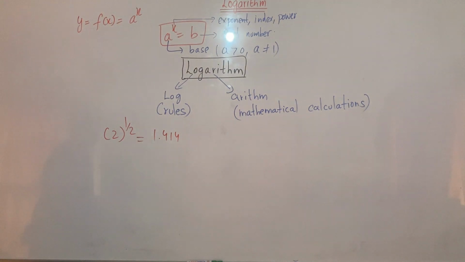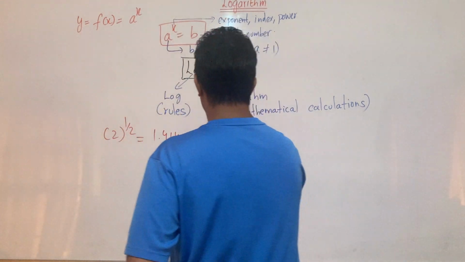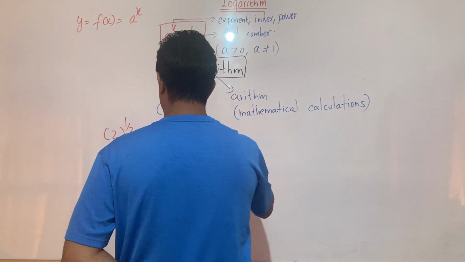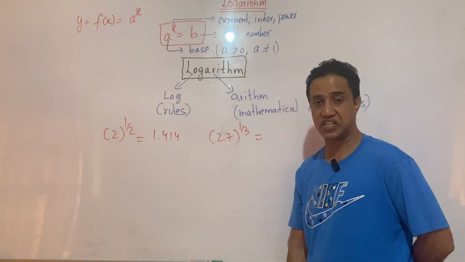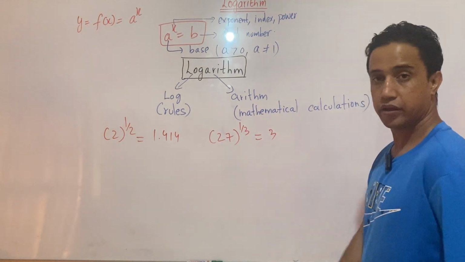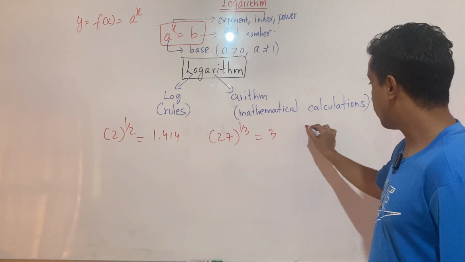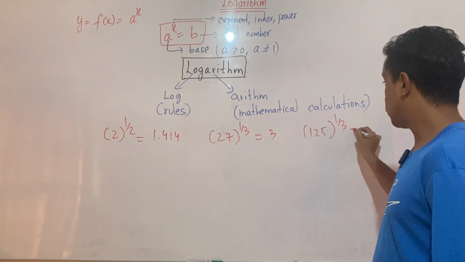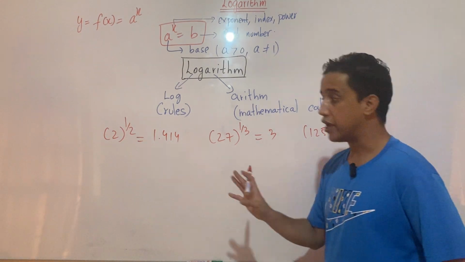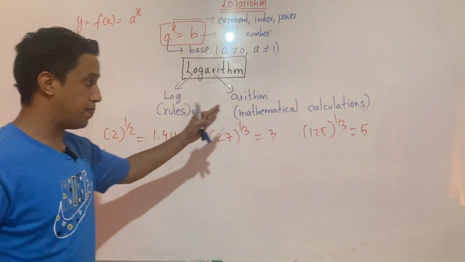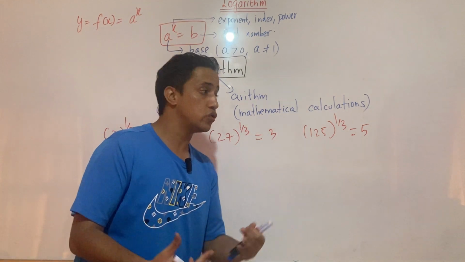Or if I ask you what the cube root of 27 is, you would say again it's easy, it's going to be 3. Or if I ask you the cube root of 125, you will say it's very easy, it's going to be 5. Fine, that's okay, because you have learned this. That's why you are not taking time to tell me the answers.